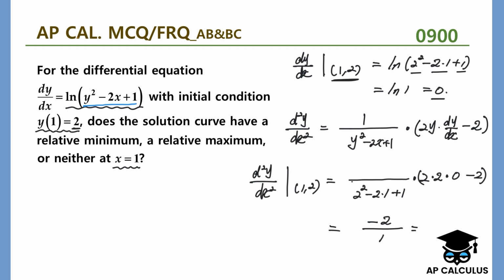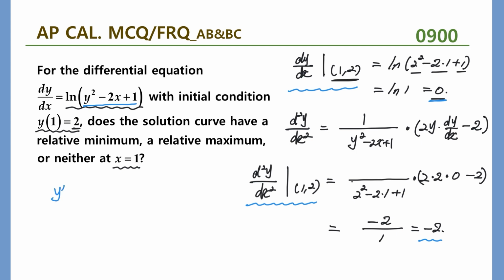So negative 2, right? So our first derivative is equal to 0, and our second derivative at the point 1, 2 is negative 2, right? If we have y prime equal to 0 and y double prime negative at the point 1, 2, then we know that y has a relative maximum at the point by the second derivative test, right? So we have a relative maximum at this point.